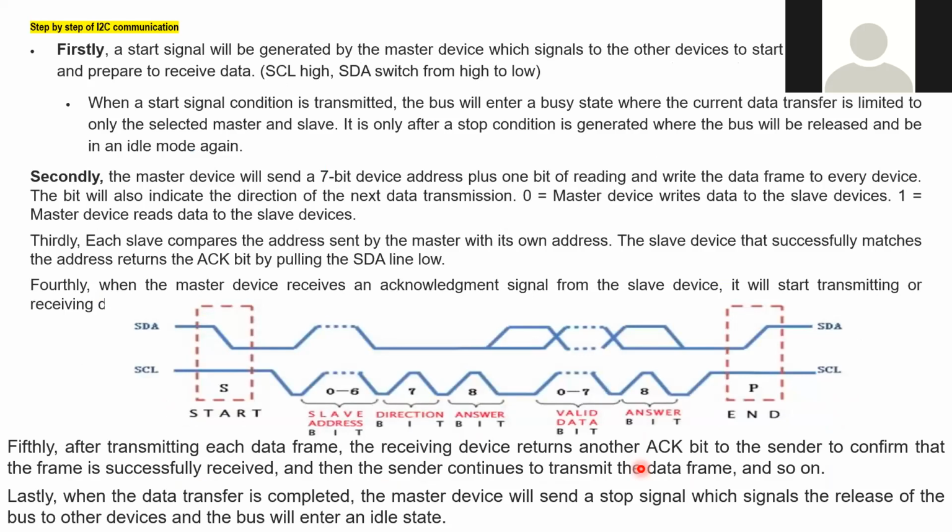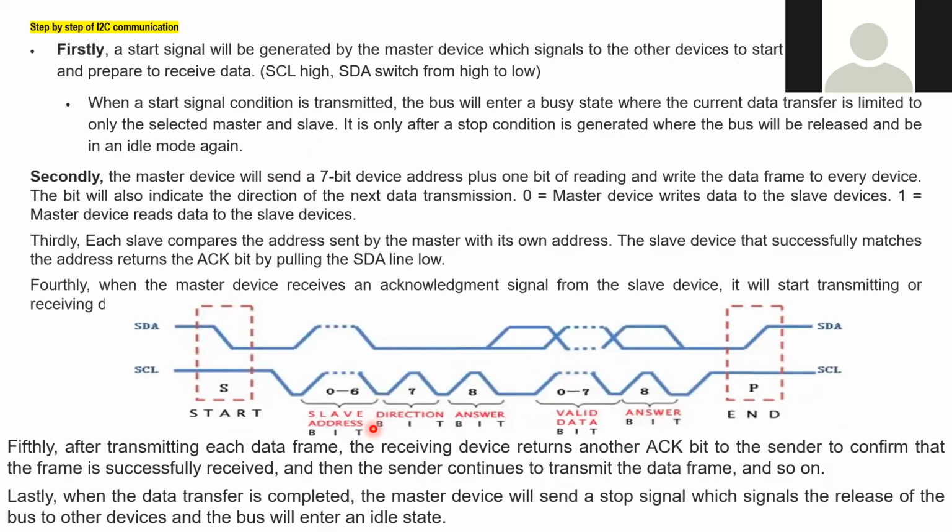This is also the same thing they have explained. You have seen this, my start bit: I told you it goes from high to low. First it will go from low to high, then it will go from high to low. Then the slave address, the direction bit, read or write, then acknowledgement, then data bits, then acknowledgement.